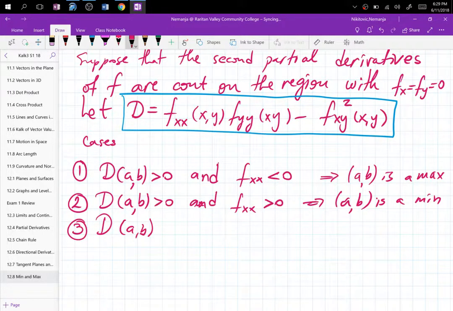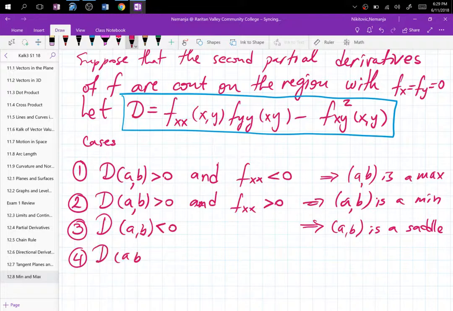D(a, b) less than 0 means (a, b) is a saddle point. And number 4, D(a, b) equal to 0, the test is inconclusive.